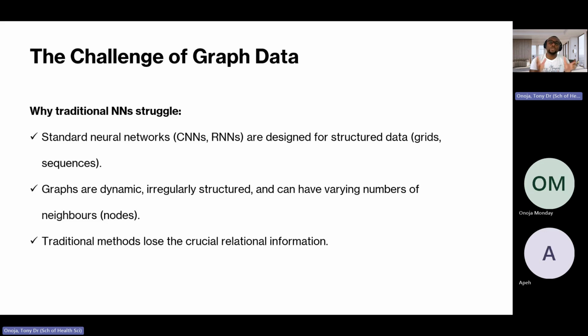Then when you look at all this data, both the image and the text, they are actually structured data. When we talk about structure in this case, we're looking at the fact that this data has some sort of ordering. In the case of images, we said the image can be split into multiple grids of pixels.